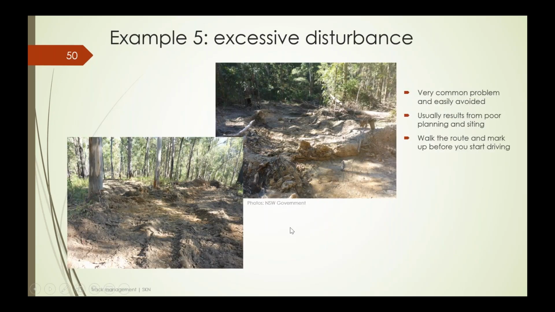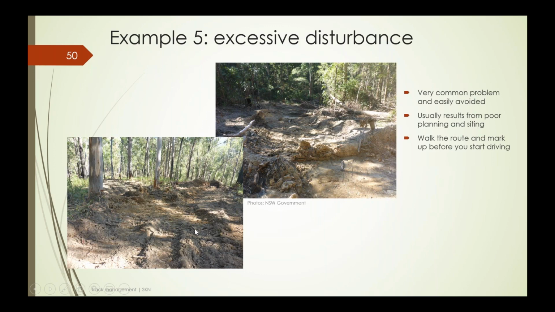Now, in contrast, we have a situation where we have excessive disturbance. We've got a couple of snig tracks here, where I would suspect there's been very little consideration to how we're going to get the logs out.